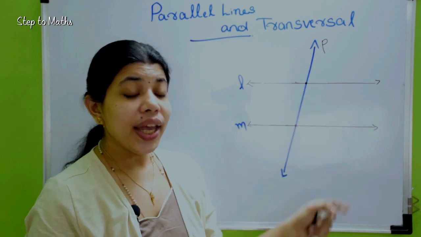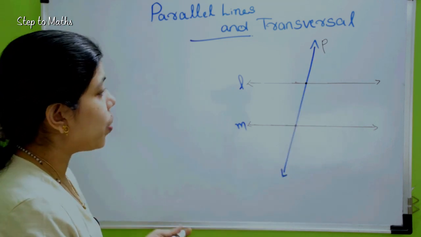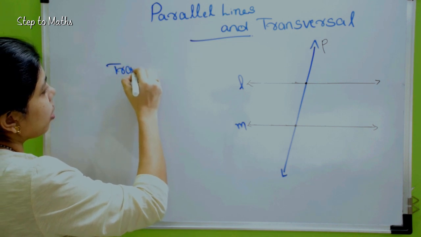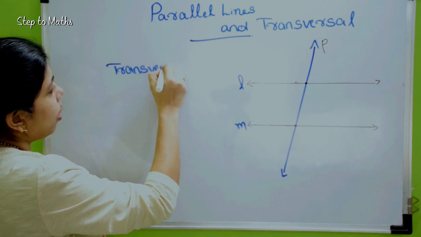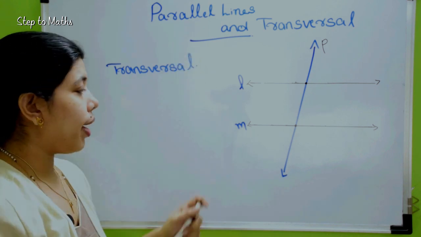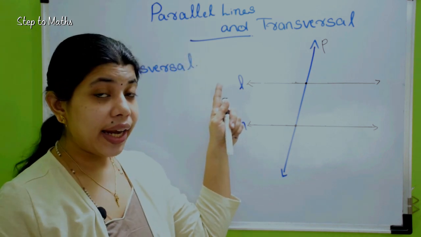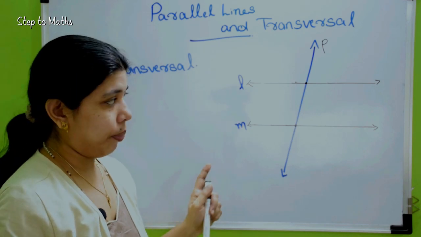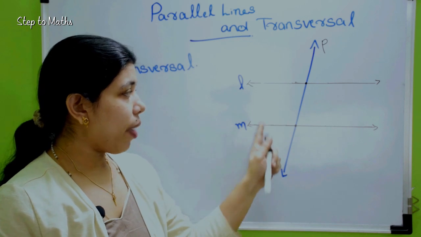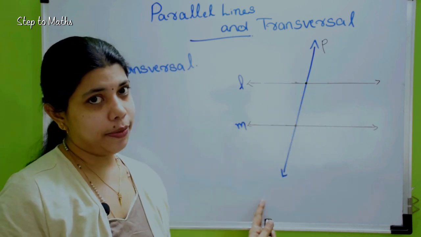The line P is known as a transversal of the lines L and M. Is it clear? What is a parallel line and what is a transversal?